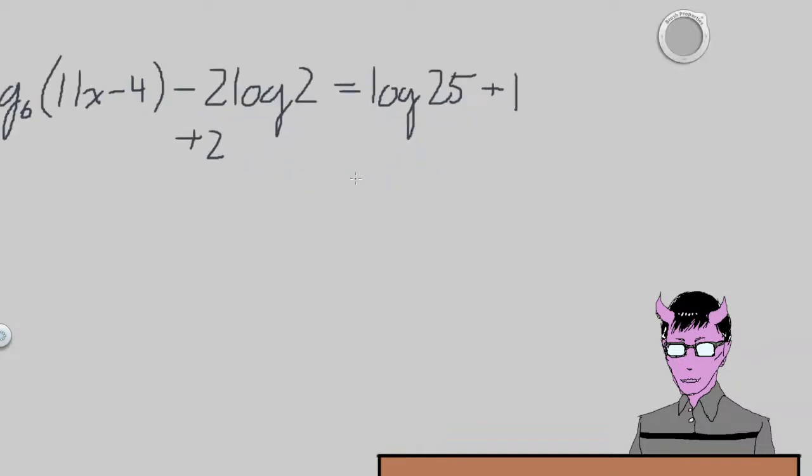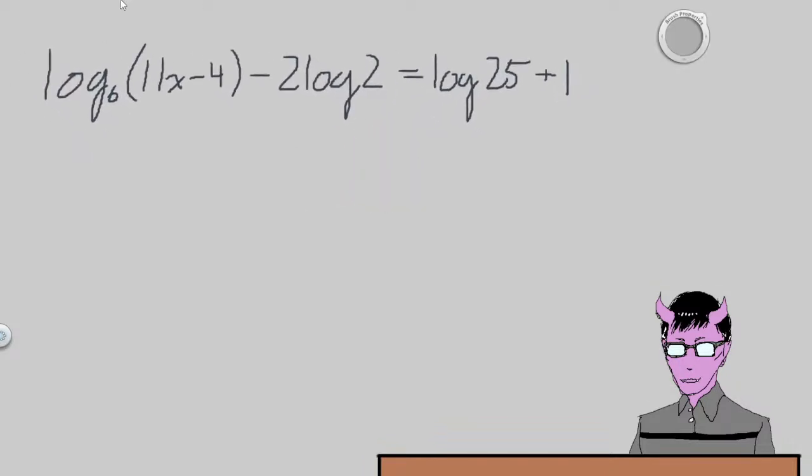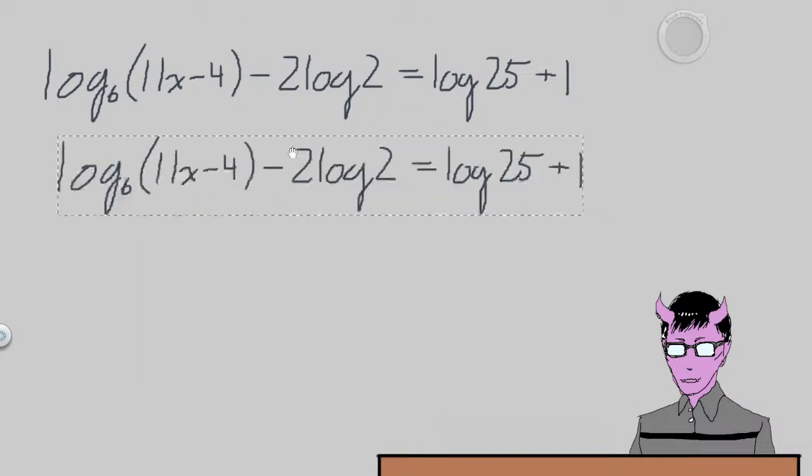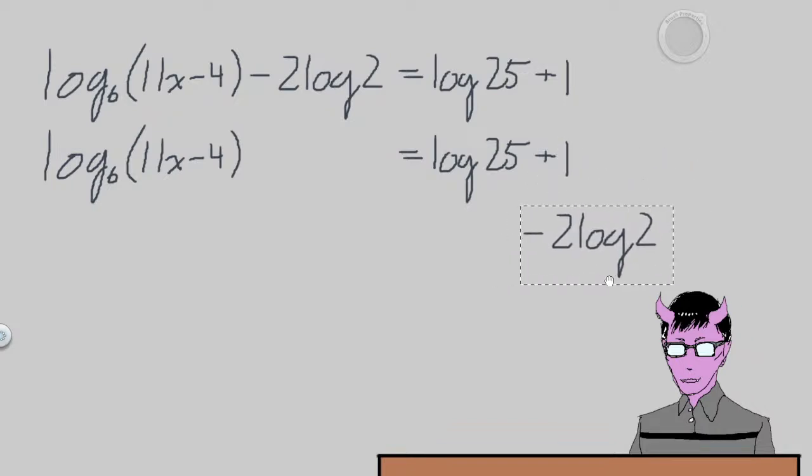Let me just show the aftermath. Let me not do the full visual operation. Let me just copy paste this entire junk again. So we're going to add positive 2 times log of 2 to both sides. It ends up on that side with a positive.